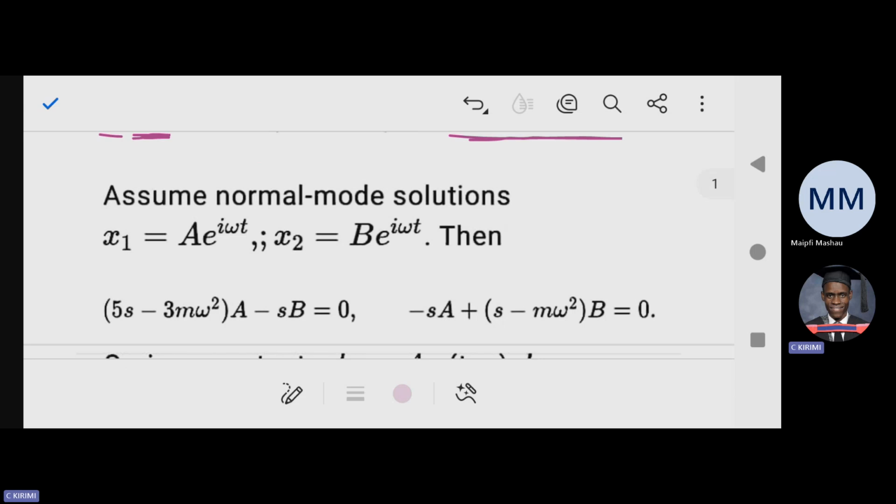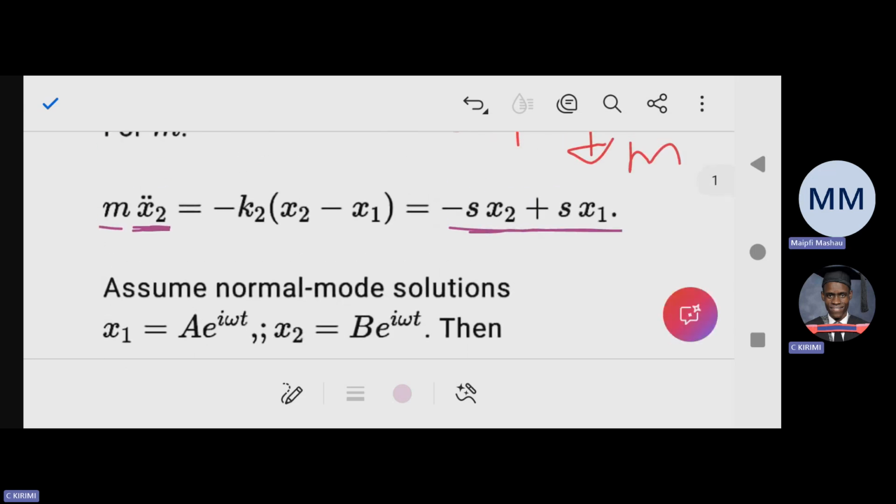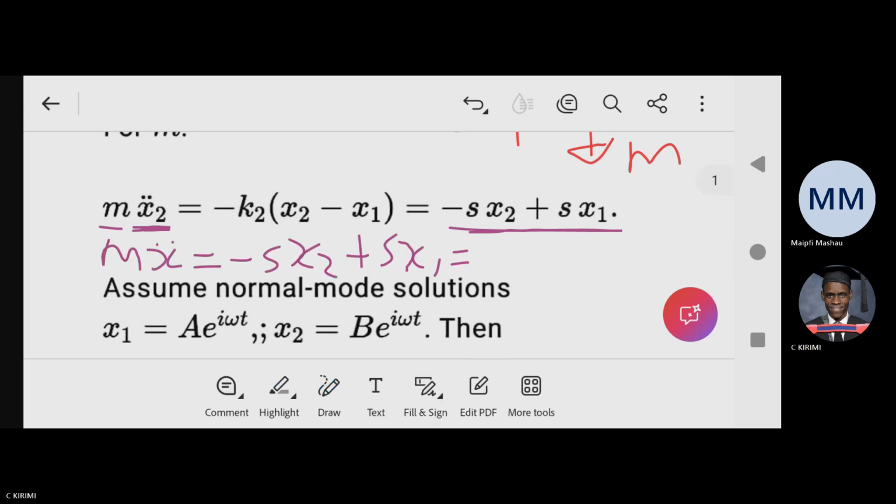What we are saying here from the equation which we are having here, you can come and say mass times acceleration x2 double dot is equal to minus s x2 plus s x1, which is equal to what?